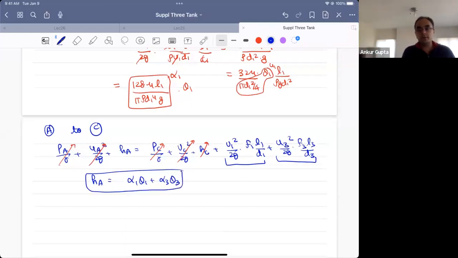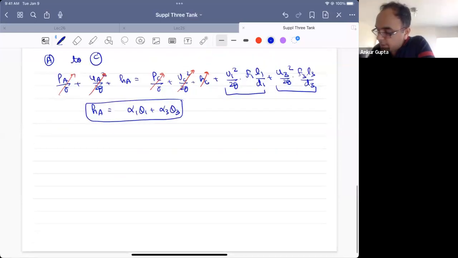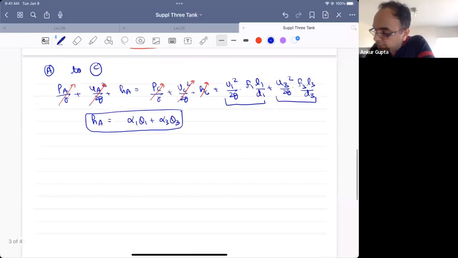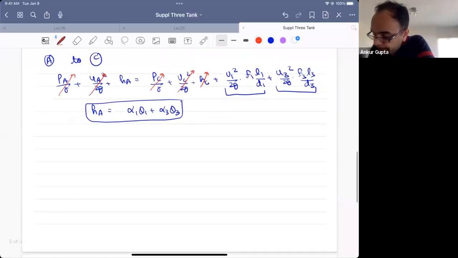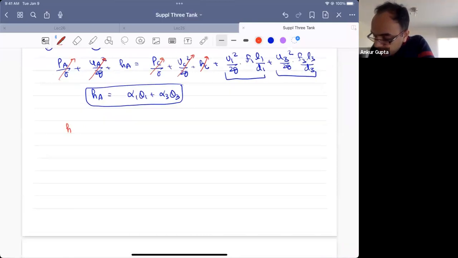All right, so all of this hard work reduces for us to the simple form: HA minus HB is equal to alpha 1 Q1 plus alpha 2 Q2, and HA is equal to alpha 1 Q1 plus alpha 3 Q3.